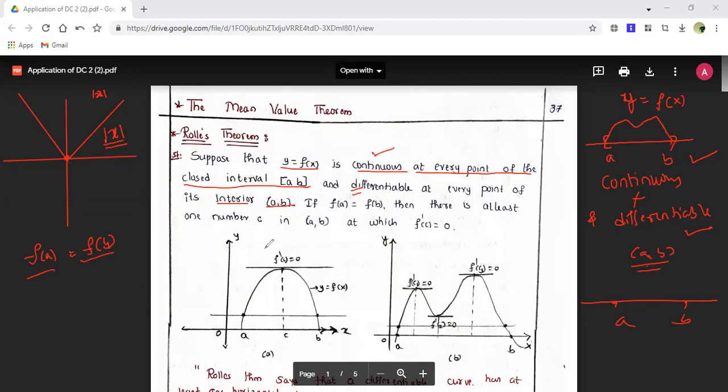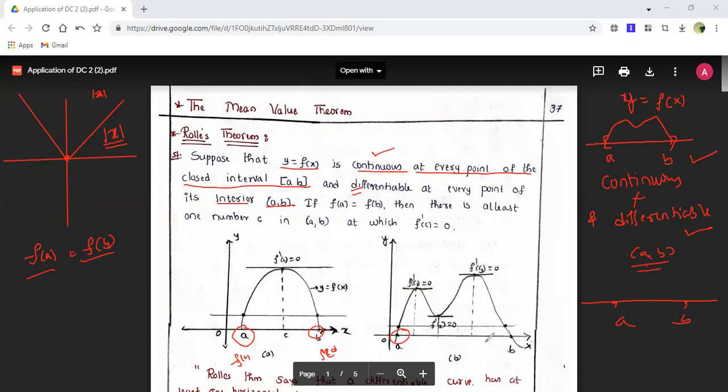Clearly you can see from these graphs, here the function at A is F of A, and the function at B is F of B. So here F of A is equal to F of B. Here also you can observe this is a curve, and here it is f at the point A, f at the point B. So both the values are equal.